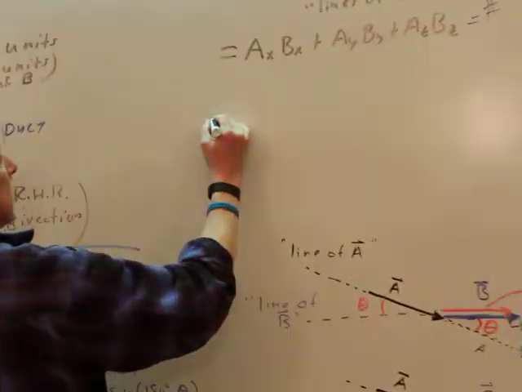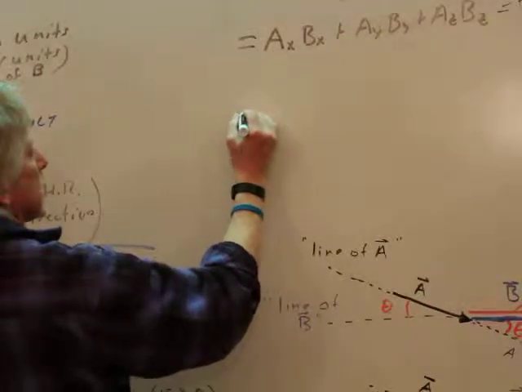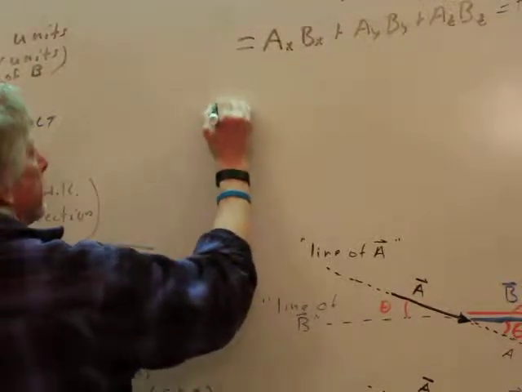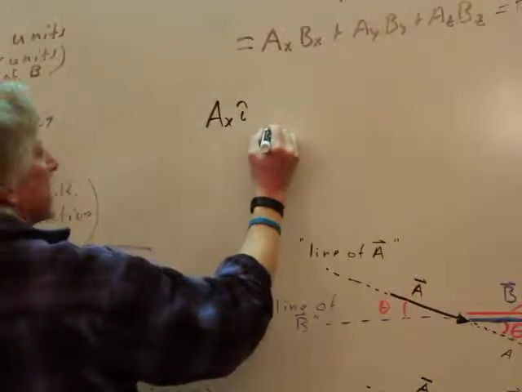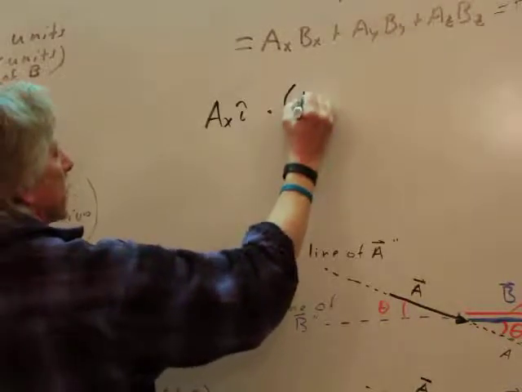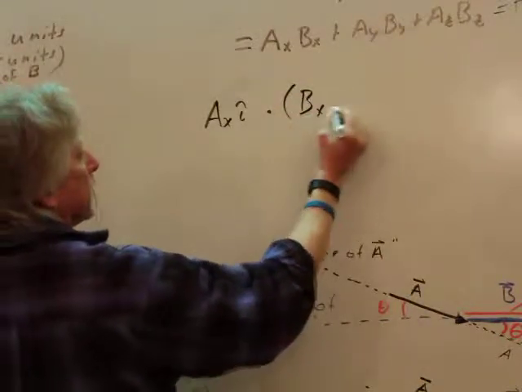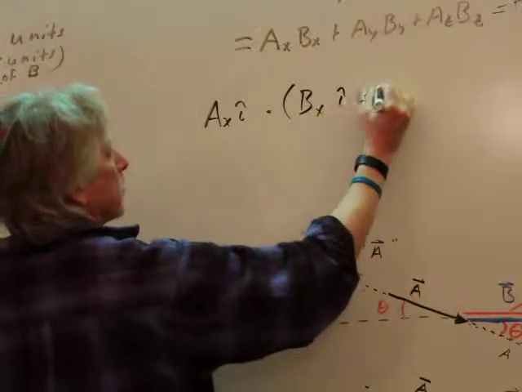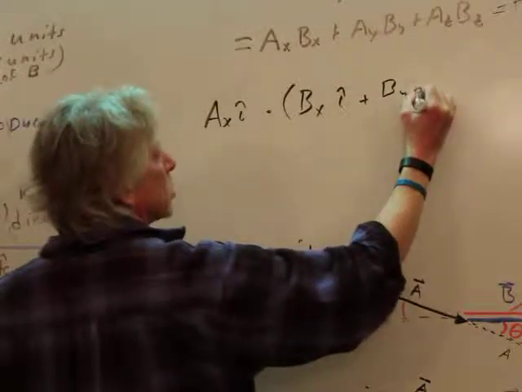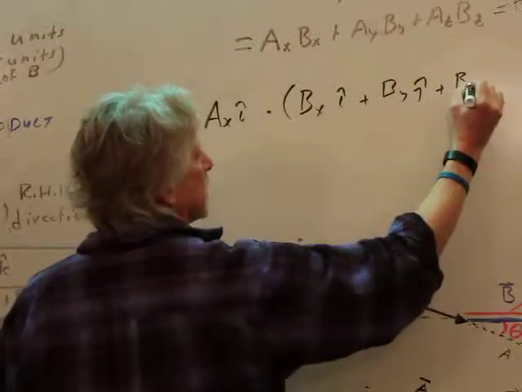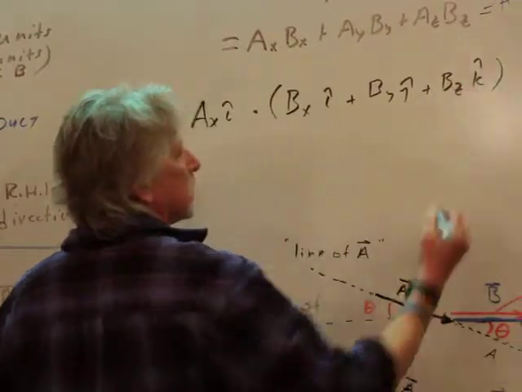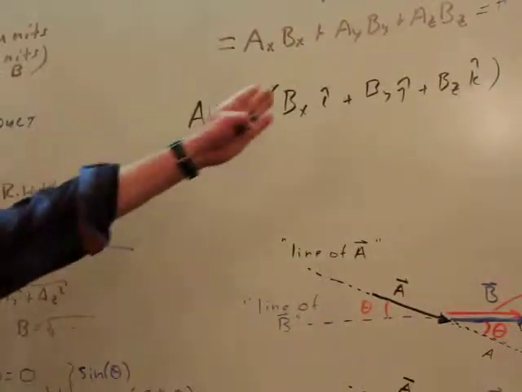what is, let's say, ax I hat dotted with b, bx I hat plus by j hat plus bz k hat. Well, I just multiply across, right?